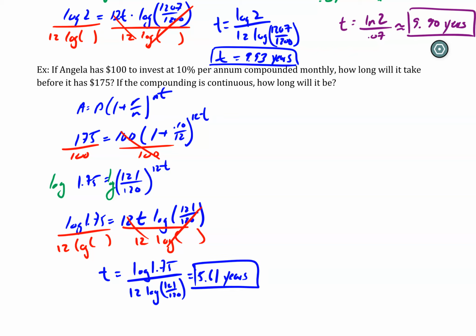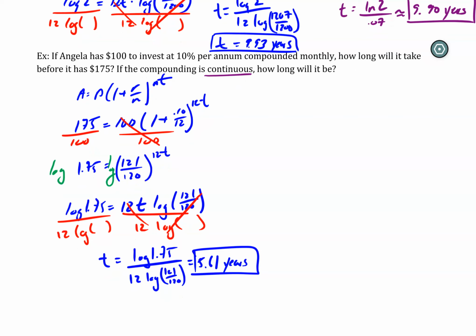So let's see. I would expect this to be somewhat close to this here, but let's see. A is equal to P e raised to the rt. So that's going to be 175 is equal to 100 e raised to the 0.10t. So again, divide out that 100.